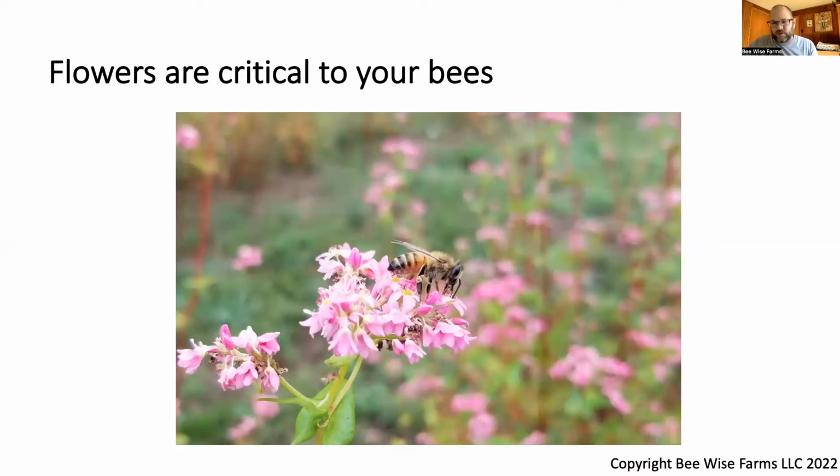So you want to make sure that as you're observing what's in your landscape, you notice when there's something not flowering as well, because you can fill that gap. We call those dearths, times of the year when there's really just not a lot in the landscape. You can oftentimes fill those dearths with other species of plants to provide a wholesome amount of food all season long.